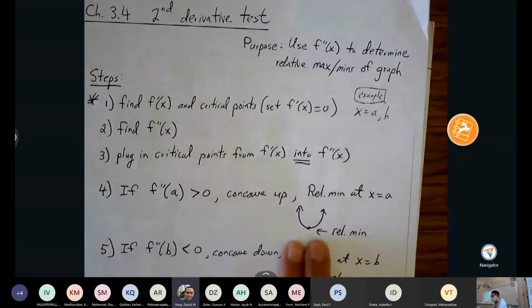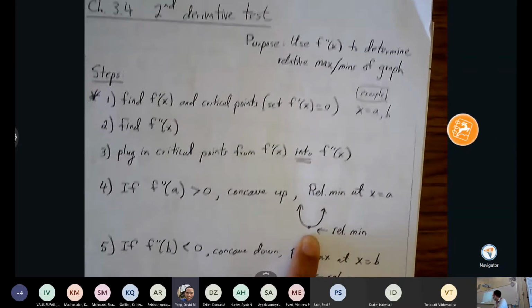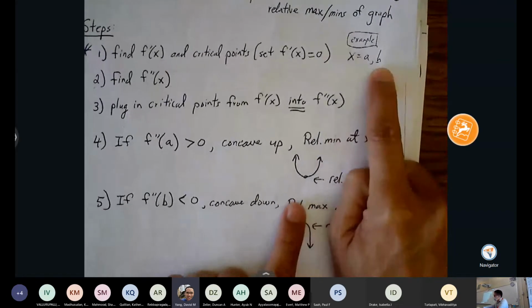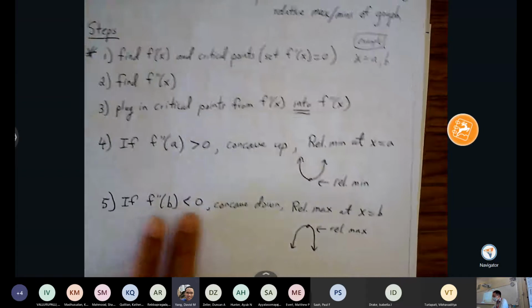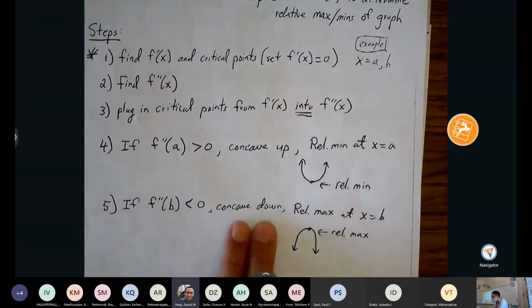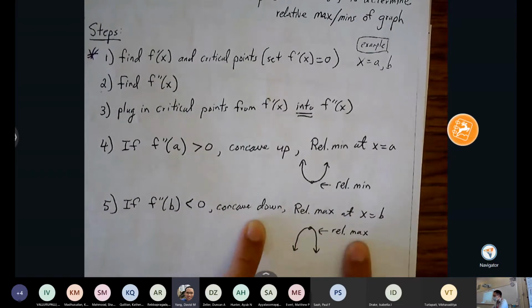If it's concave up, it's going to look like this. If it's going to look like this, it must be a relative minimum. Okay. Let's say we had another critical point, and we evaluate that second critical point into the second derivative function, and we get a negative number. A negative second derivative value is going to mean that it's concave down. If it's concave down, the graph looks like this, and that's going to be a relative max.